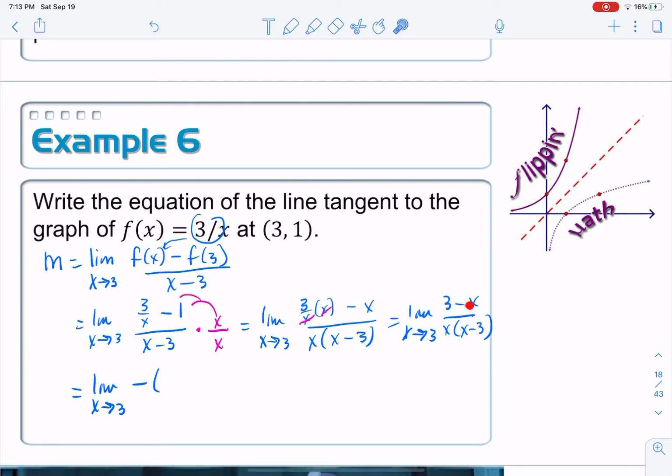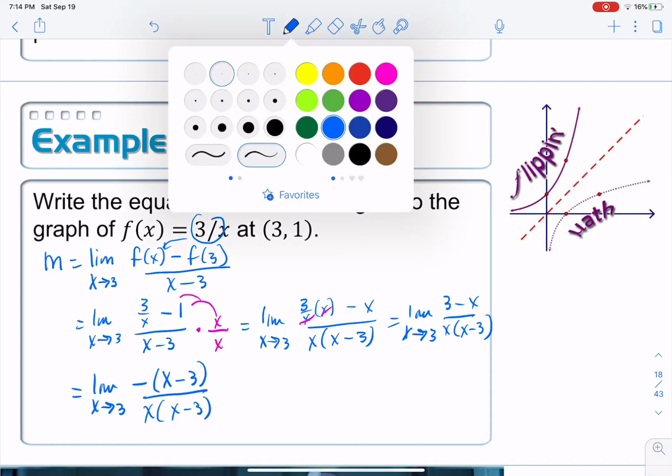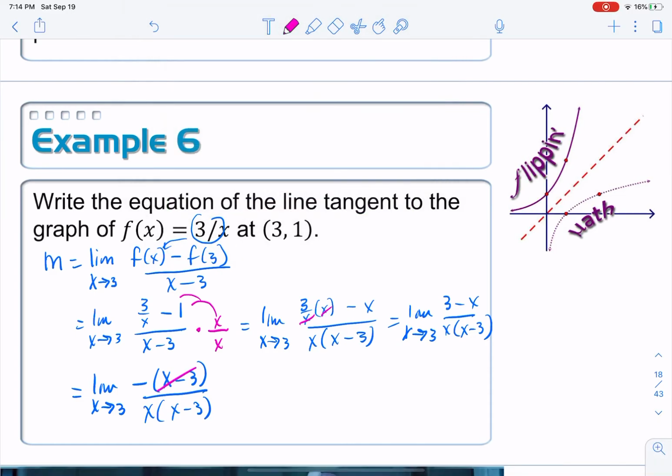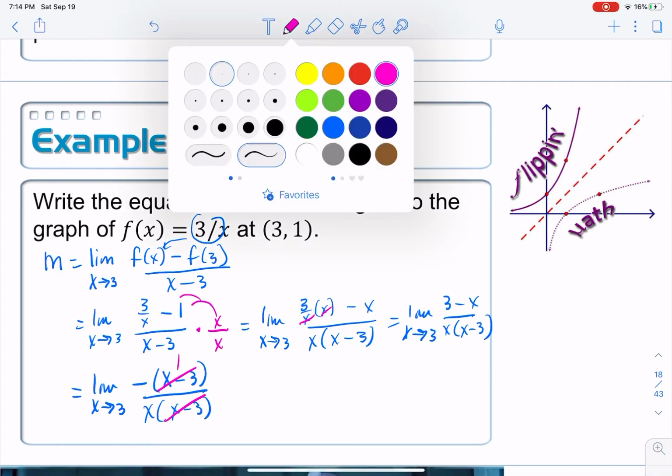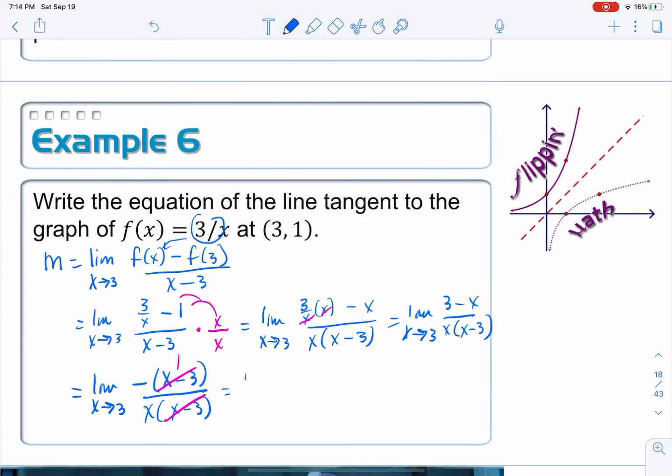It'd be a -3 and a positive x. I'm just going to switch the order of them too and make it x minus 3 over x times x minus 3. And now I can see that they definitely cancel, leaving a 1 up top, actually a -1. Limit as x goes to 3 of -1 over x. Plug in your 3. Pretty sure you just get -1 third.